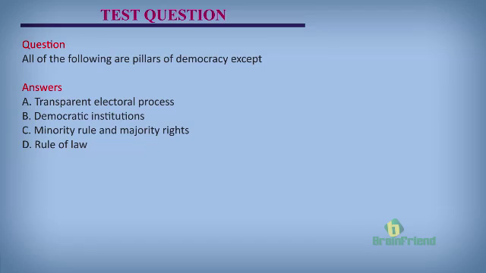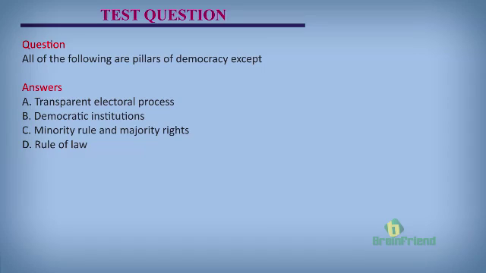And B, democratic institutions. Is that a pillar of democracy? Yes, it is. We're looking for the odd one out. Minority rule and majority rights. Is that a pillar of democracy? Did you say yes? No, it's not.